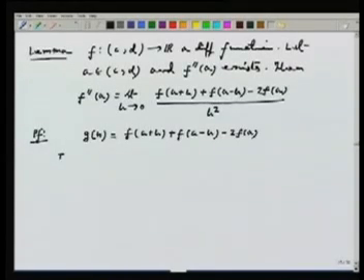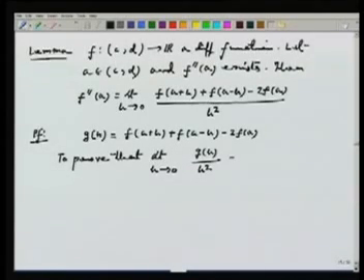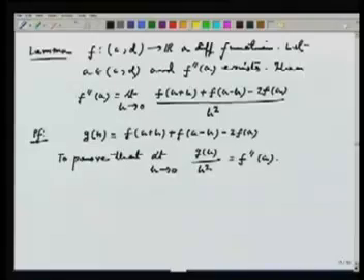Then we need to prove that the limit as h goes to 0 of g(h) divided by h squared is equal to f''(a). Now if you just think naively that putting h equals to 0 in the numerator and denominator, you quickly observe that this is a famous 0 by 0 form, and as we have done in the last lecture, to take care of the 0 by 0 forms you use the L'Hopital rule.